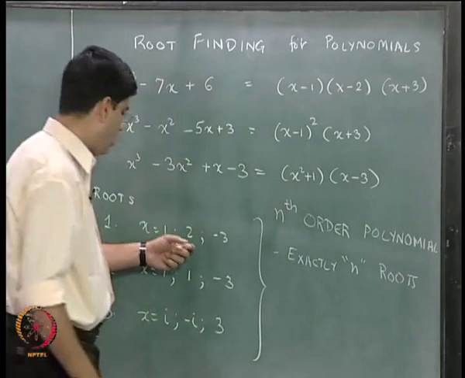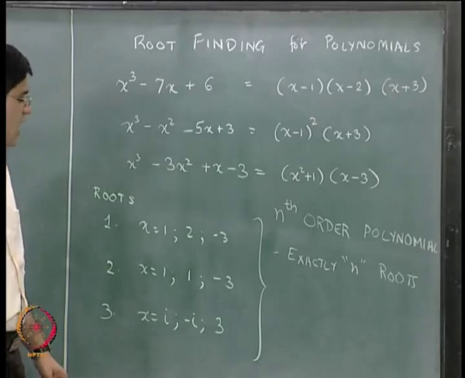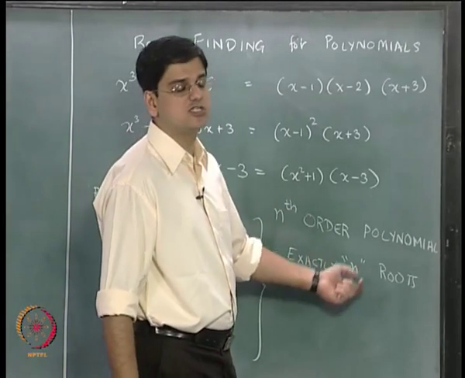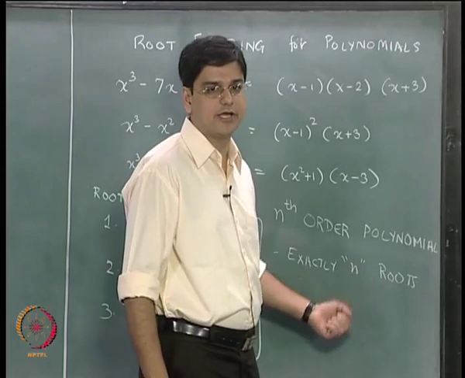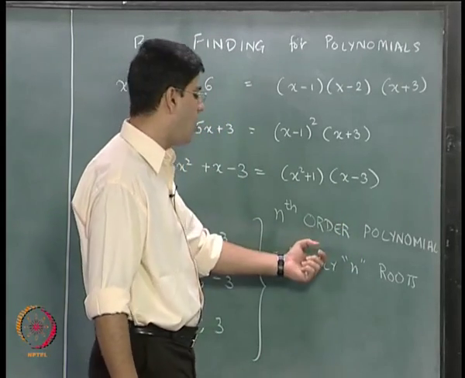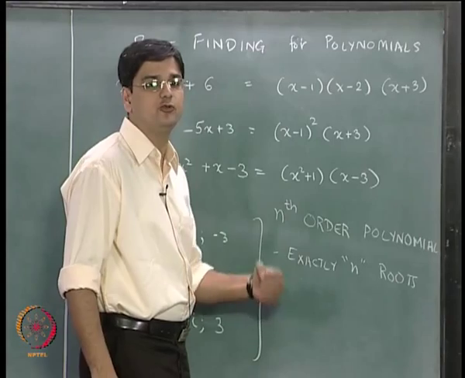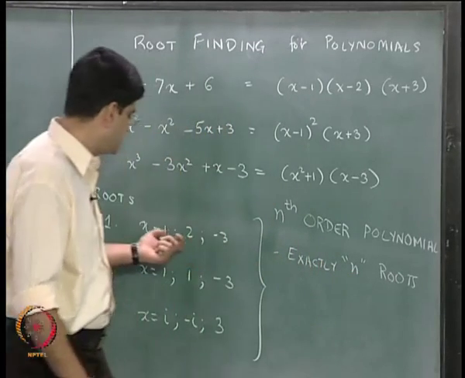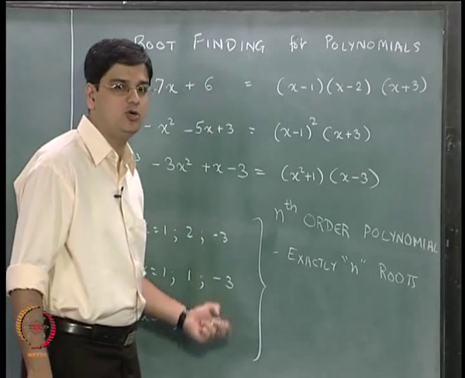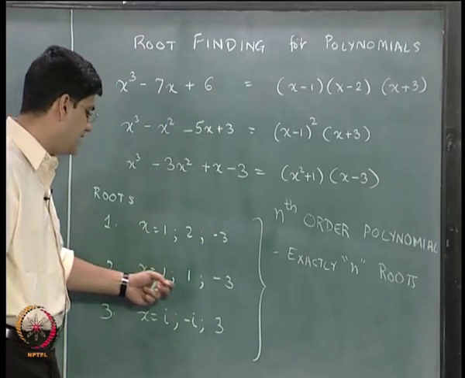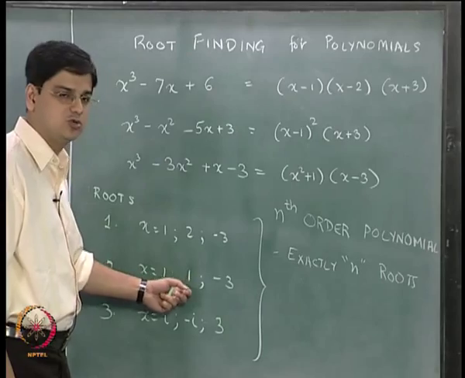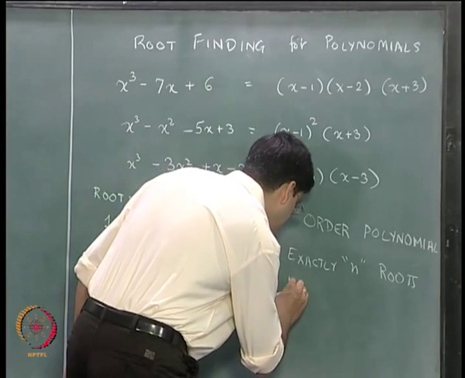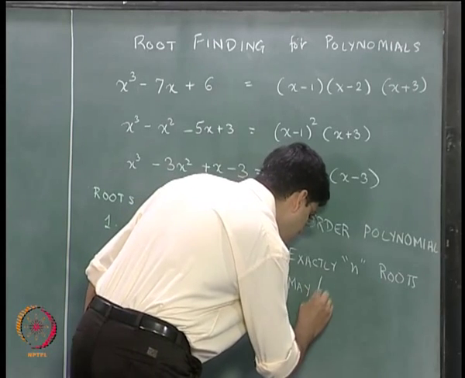For example, all of these third order polynomials have 3 roots. Some of the roots may be repeated. It is not necessary that all the n roots are unique. In the first example we got 3 unique roots, 1, 2 and minus 3. However, in the second example we got repeated roots, so 1 and 1 are repeated roots. There may or may not be repeated roots.